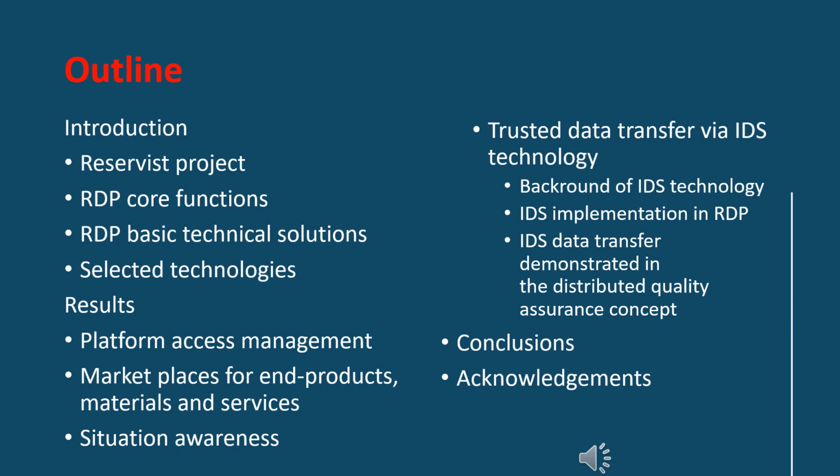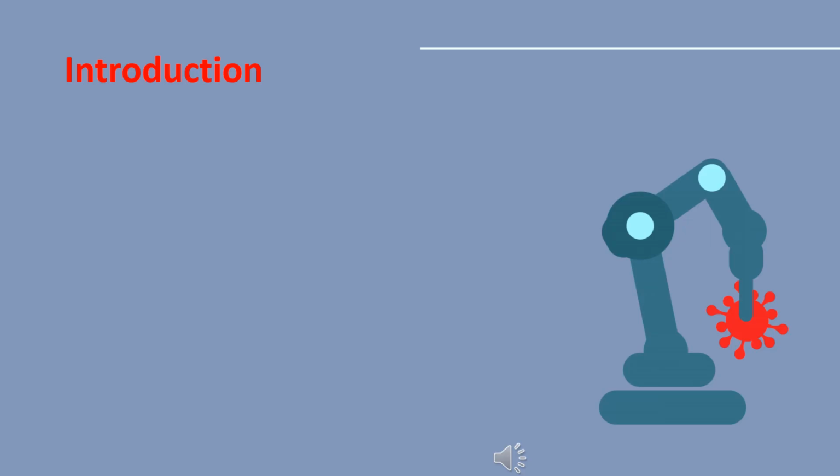Then the results: platform access management, marketplaces, situation awareness services, and trusted data transfer services that are made via IDS technology. And finally, conclusions and acknowledgements. Let's start with the introduction.